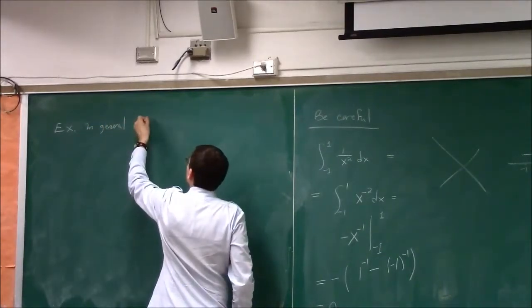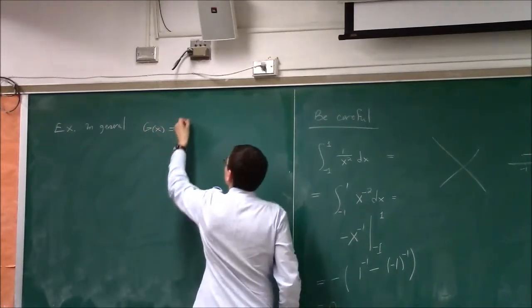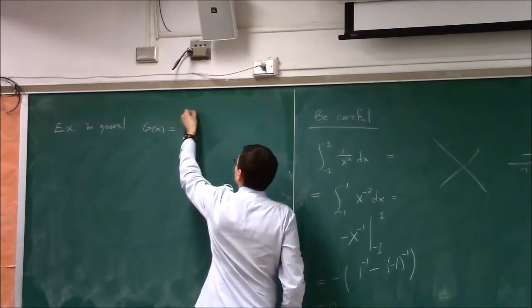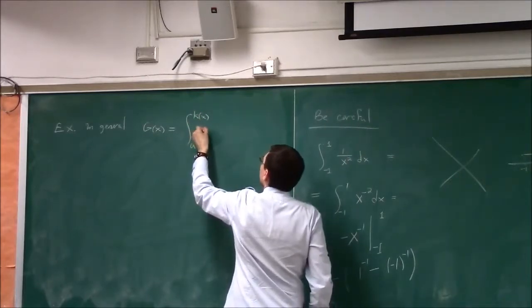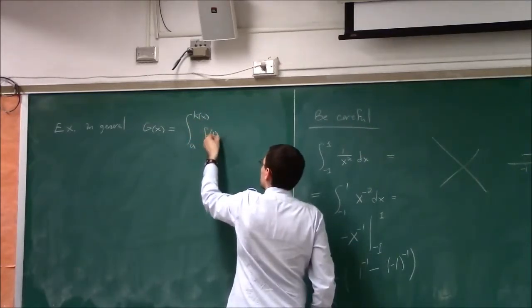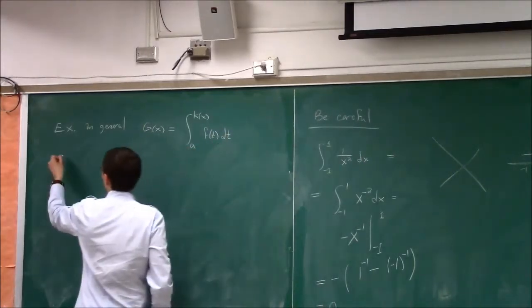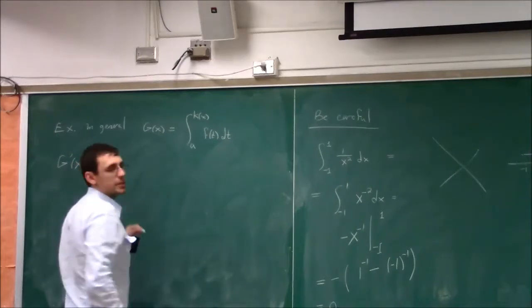If I have g of x to be the integral from some number a to some function k of x of little f of t dt, what's going to be the derivative g prime of x?